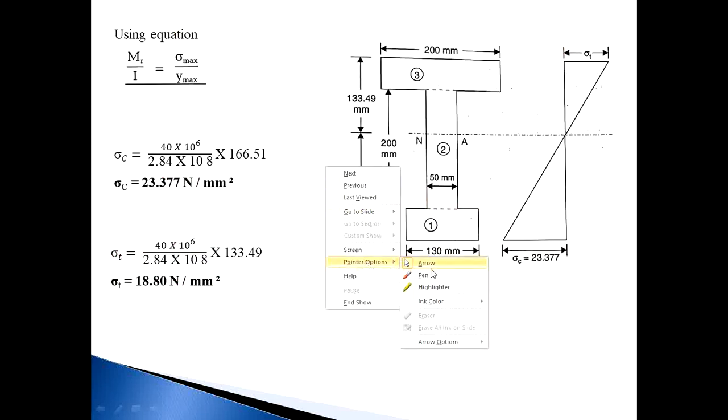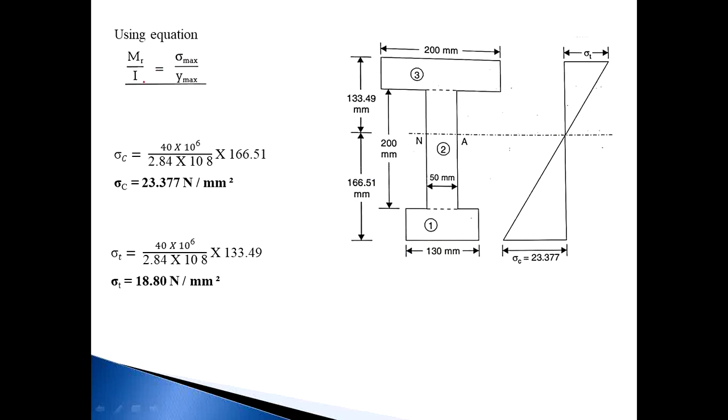The flexural equation is common, that is M upon I equals sigma upon Y. M is already given, that is 40 into 10 raised to 6. This is the M value, and 2.84 into 10 raised to 8 is the moment of inertia. So sigma C and sigma T depend upon the YC and YT values.